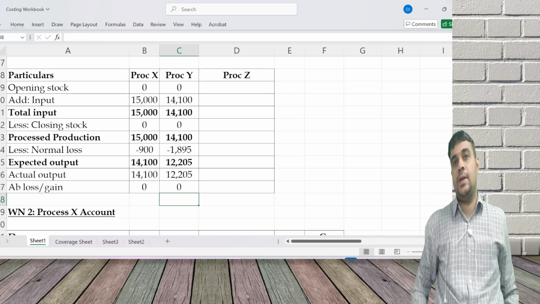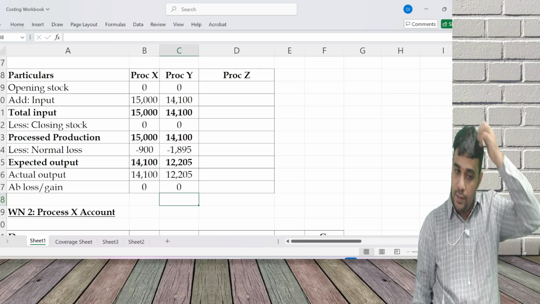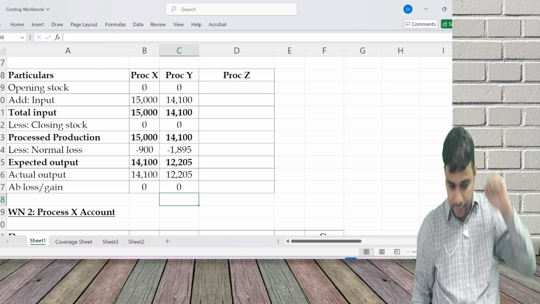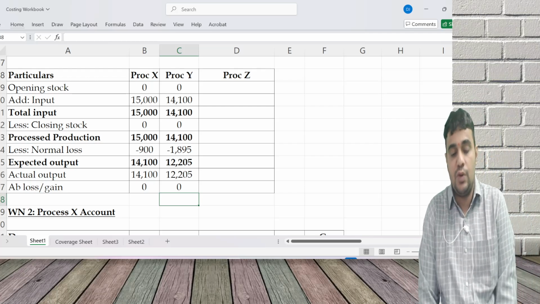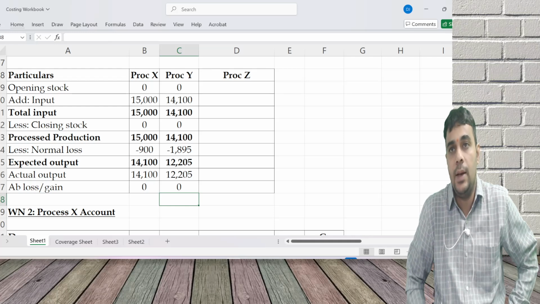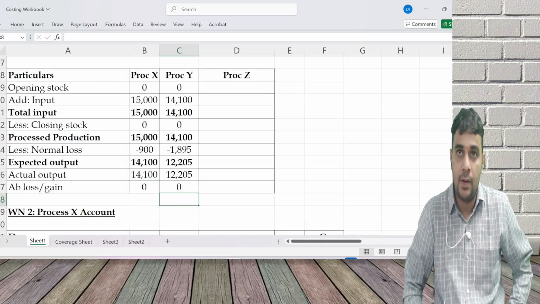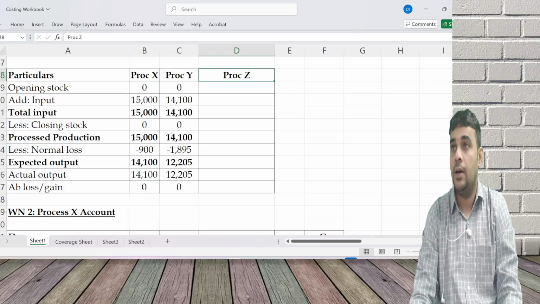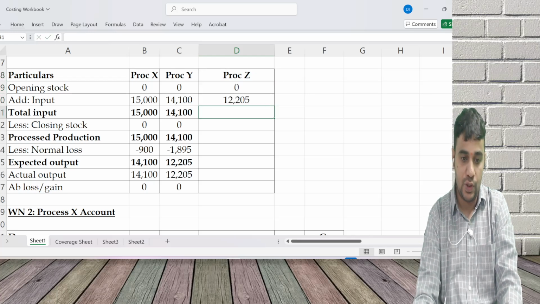Expected and actual are the same, 12,205. Actual is 12,205. No abnormal loss, no abnormal gain. Clear? Can we proceed? Everyone done?